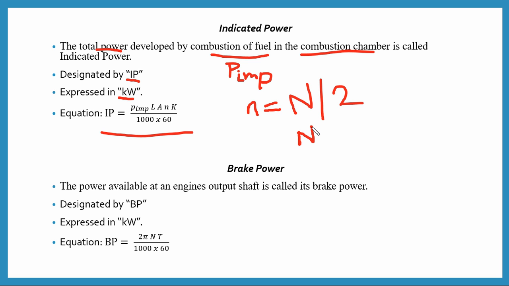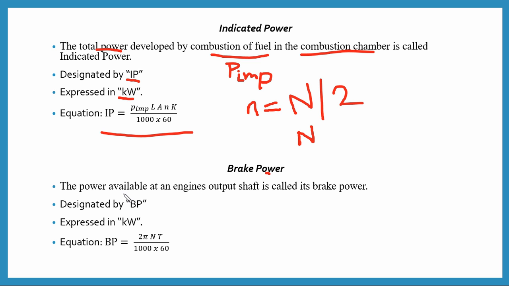Next is the brake power. Brake power means after the power is produced inside the combustion chamber, how much power is available at the engine output shaft. That is called the brake power.